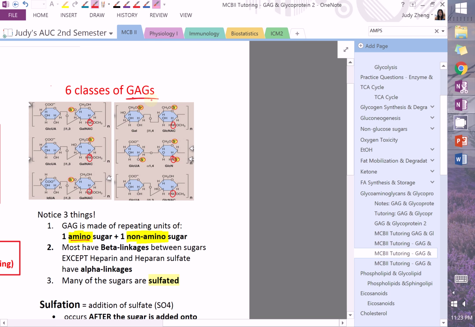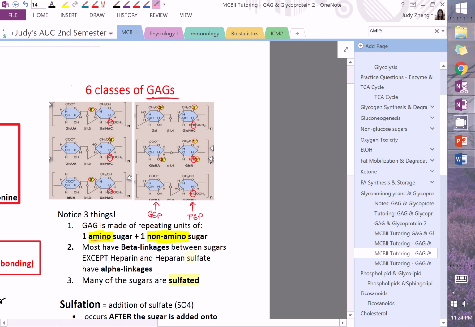So that's all the GAG varieties there are. And as you can see, it all follows that pattern. One of them contains an amino group, the other one doesn't. Just to refresh your mind, if it's a sugar with an amino group, it started off as fructose 6-phosphate. If it doesn't have an amino group, it started off as glucose 6-phosphate. And that's what I talked about in the first video.